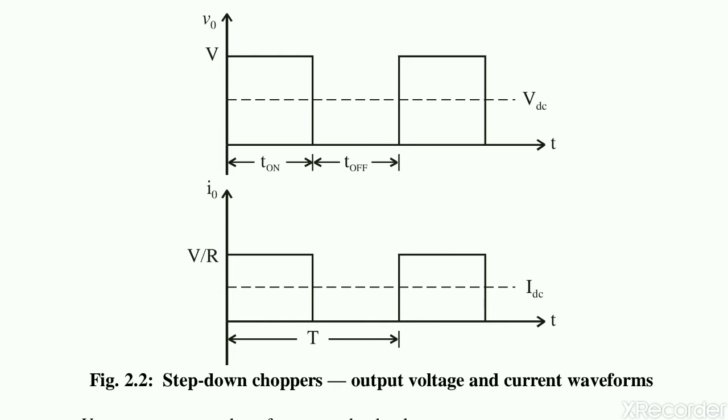And during T off, there will be no output current across the load. Again, in the third cycle, we are turning on the SCR or the switch. We are getting output voltage across the load resistor, hence we are getting output current. So the resultant output current will be IDC, which is marked by the dotted line.